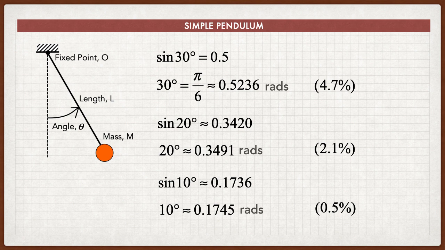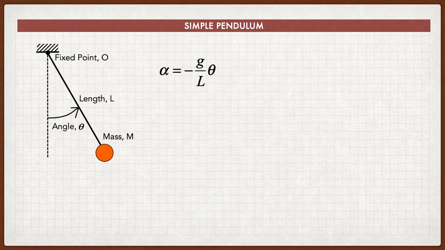Let's rewrite our torque equation. The rate of change of angle is proportional to the angle. For those of you in calculus, what kind of function, differentiated twice, is the negative of the original function?